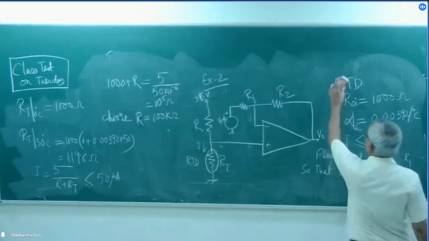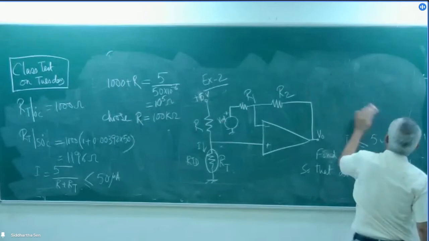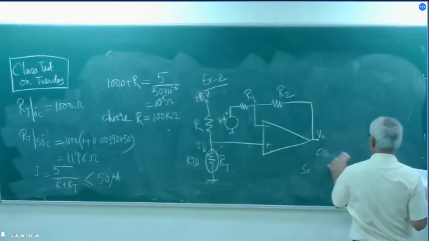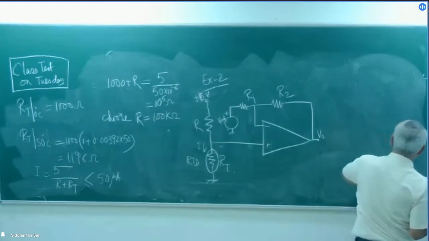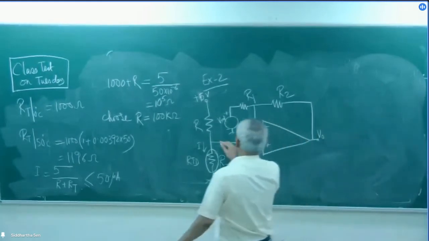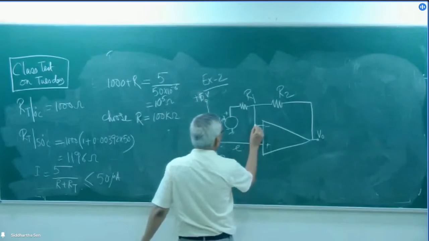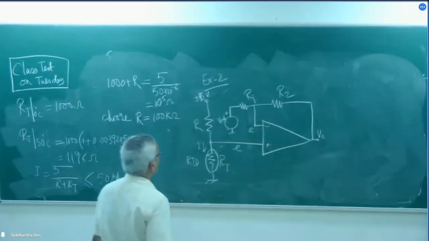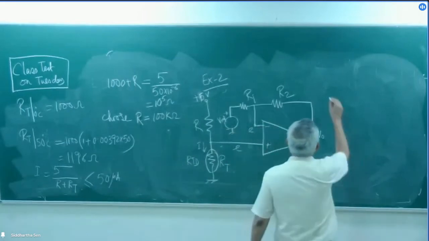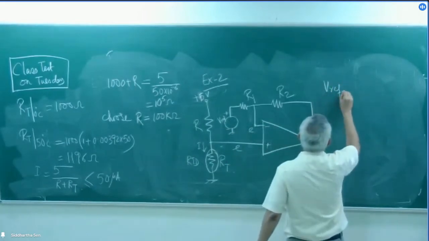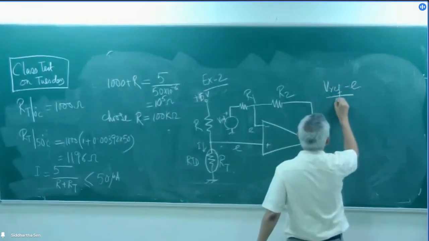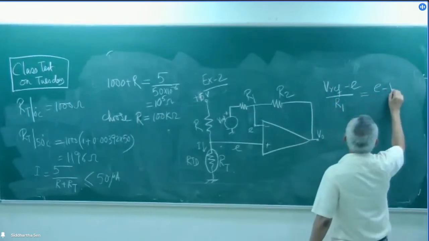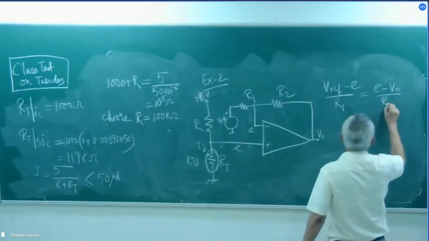Once we have it, suppose this voltage is E. So this voltage should also be E because it's an ideal op amp. So what we can say is that (V reference minus E) divided by R1 is equal to (E minus V0) by R2.